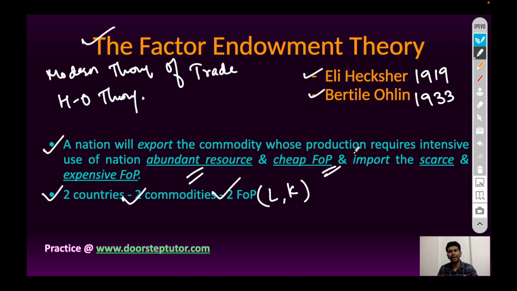China is a labor abundant country. United States is a capital abundant country, and it imports the scarce and expensive factor of production. In simple words, a country should produce only those goods which it can produce more efficiently and import the other goods.